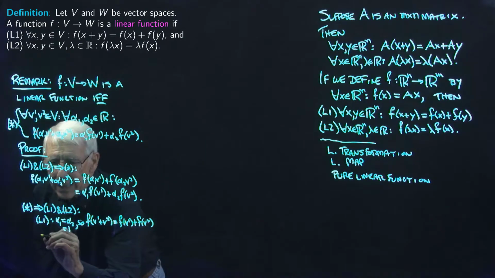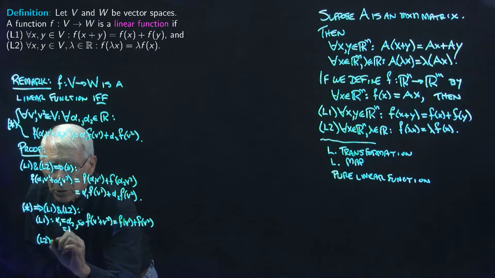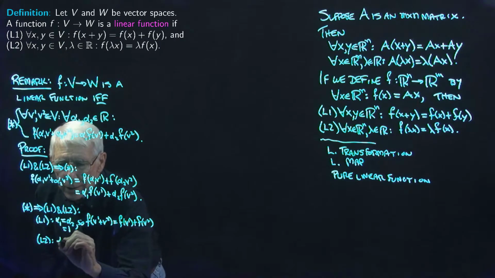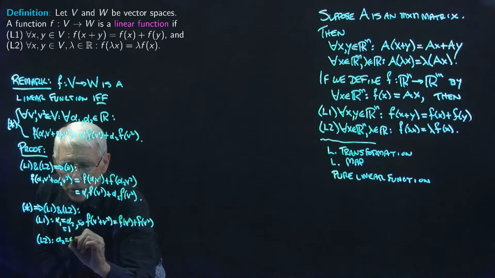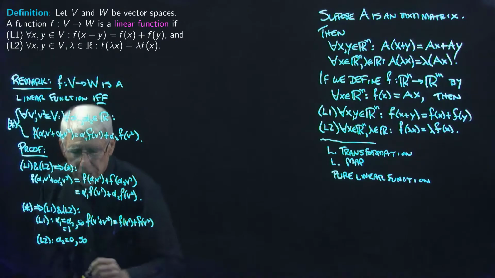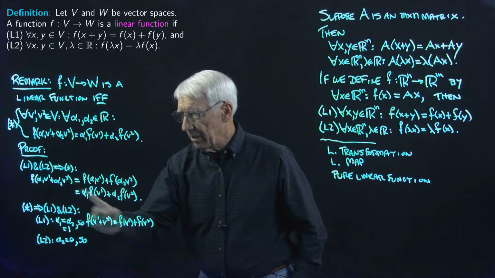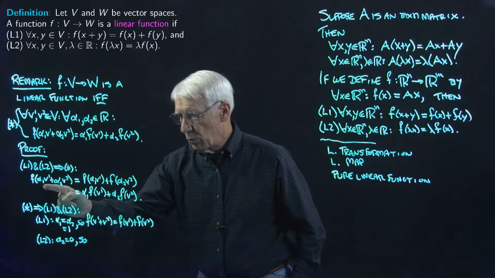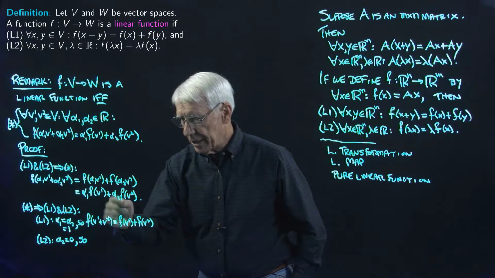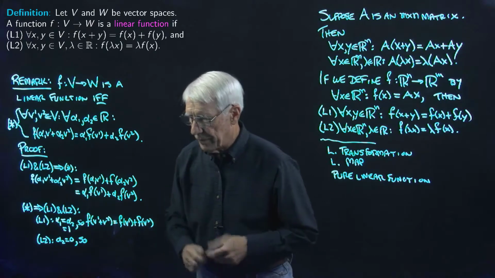And second, let's do L2, and for that, it's clear that we could say, for example, let alpha 2 equal 0. So that means that this equation here becomes f of alpha 1 v1 equals alpha 1 f of v1.